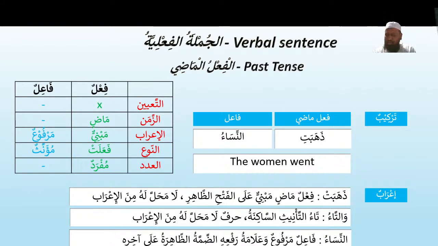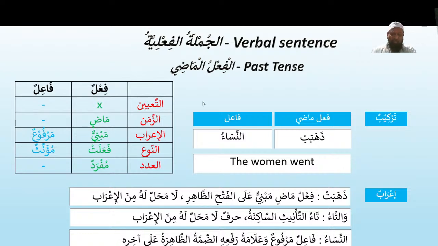والتاء, the فعل المؤنث on the scale of فعلت will never change. We do exactly the same tarkib i'rab. التاء تاء التأنيث الساكنة حرف لا محل له من الإعراب.